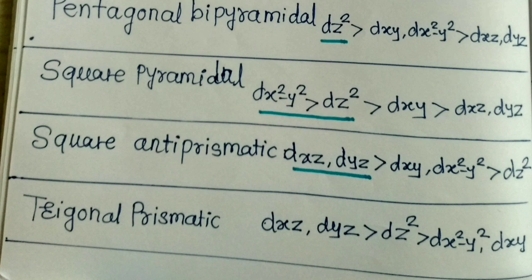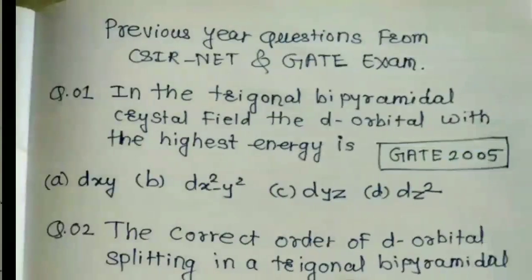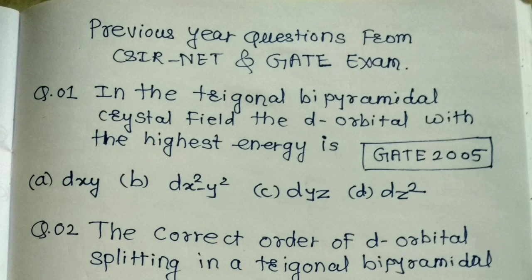So using this trick, let's solve these questions. In question number 1, in the trigonal bipyramidal crystal field, the d orbital with the highest energy is... Option A is dxy, option B is dx square minus y square, option C is dyz, and option D is dz square. The correct option is dz square, because you know the splitting of d orbitals in TBP geometry.